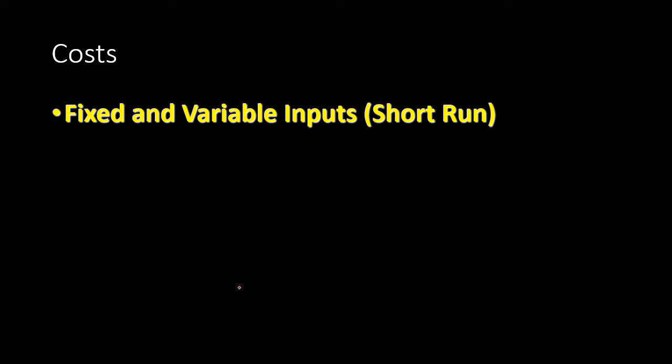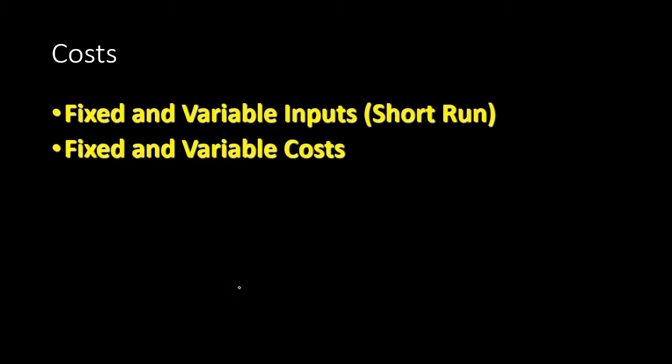The amount of beans, the amount of chicken, the amount of barbacoa, the amount of cheese, the amount of hot sauce, the amount of guacamole, all change as I sell more or less. Those are variable inputs. Fixed inputs create fixed costs, and variable inputs create variable costs. And hopefully that's logical, right?